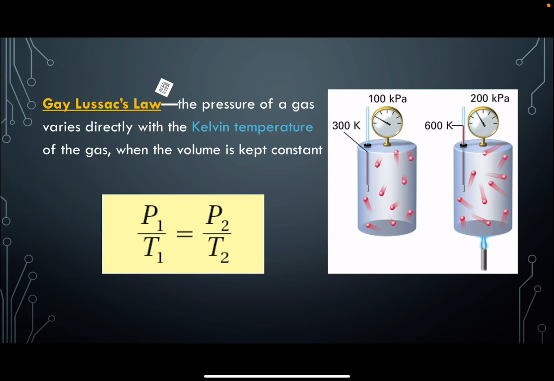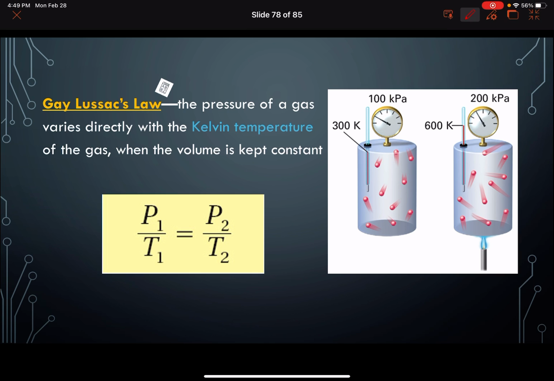We're going to start looking at the last two gas laws that we're learning in Unit 6.4. So we have Gay-Lussac's law, and it says the pressure of a gas varies directly with the Kelvin temperature of the gas.